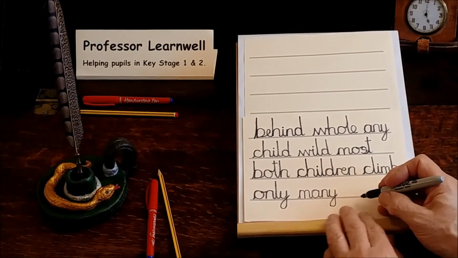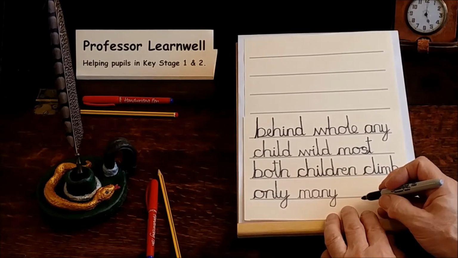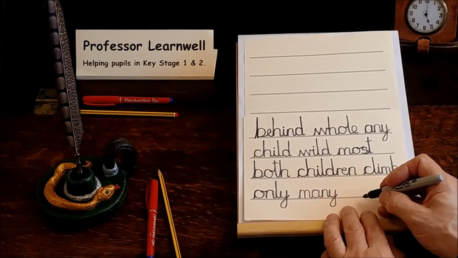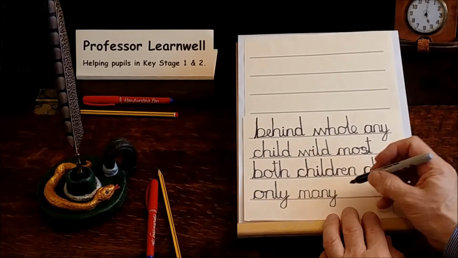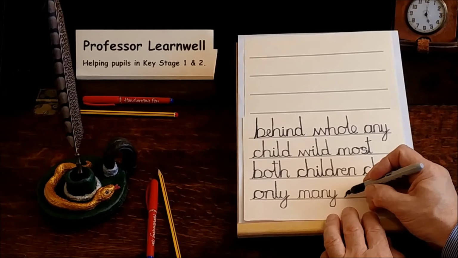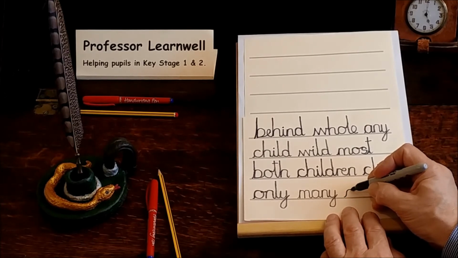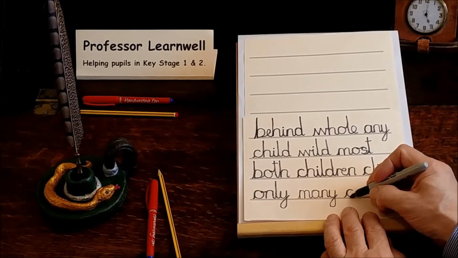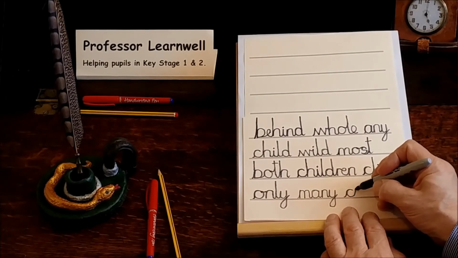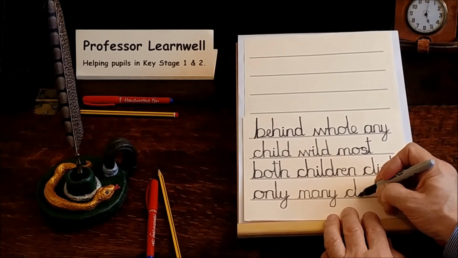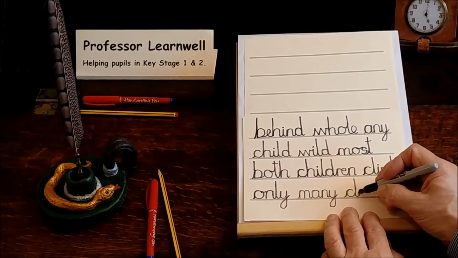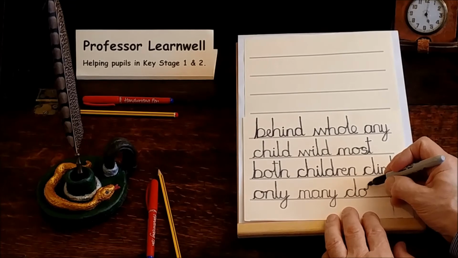And our last word for this particular video is going to be the word clothes. Like, each day I have to wear my school clothes. So starting on the line, C, L, O. Remember, now we go back, complete the circle, form the letter T now.